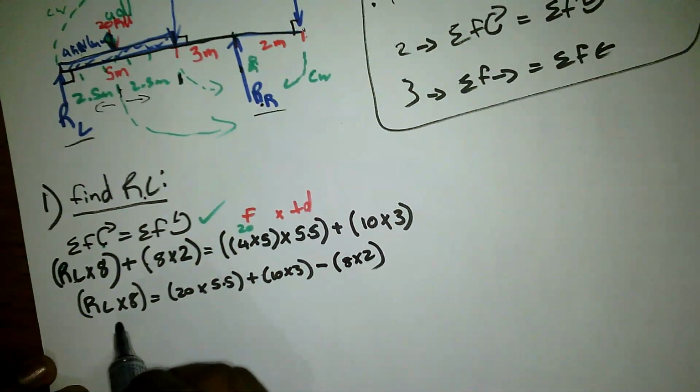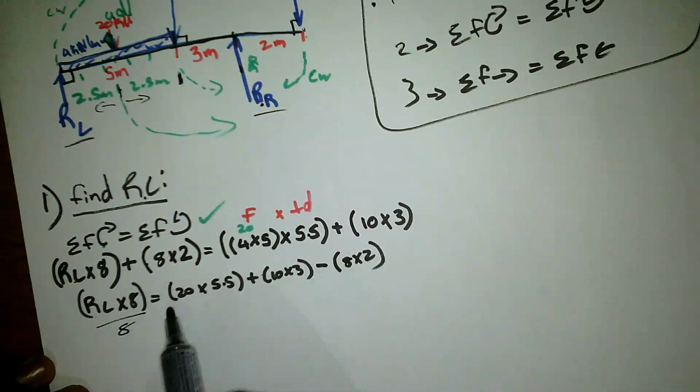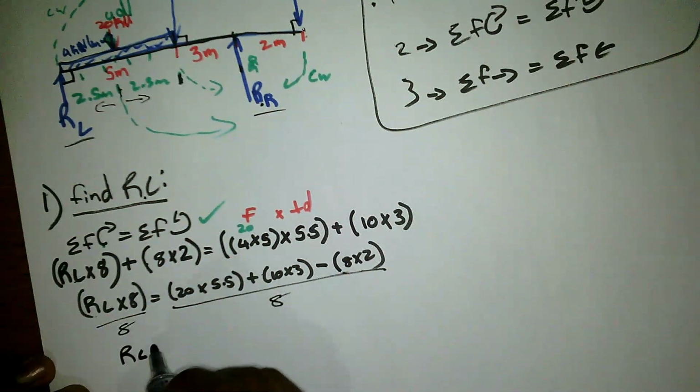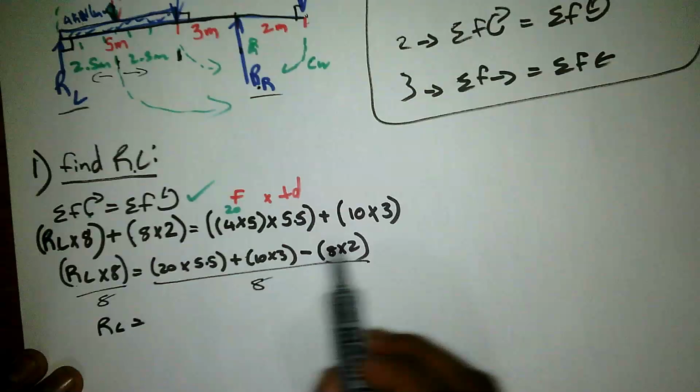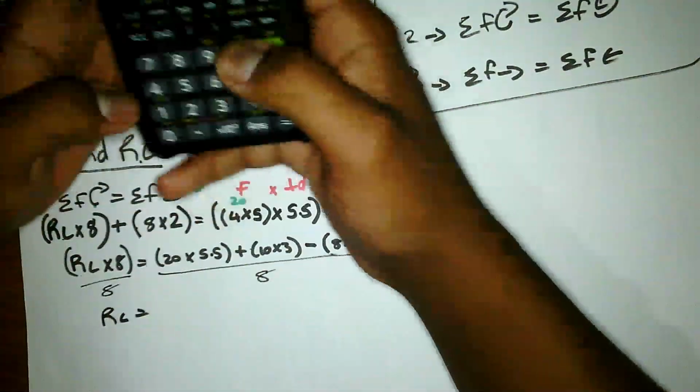And then, because we want this one alone, we divide by 8, and then divide by 8, and we leave RL equals. Now we punch this whole thing into the calculator as it is.